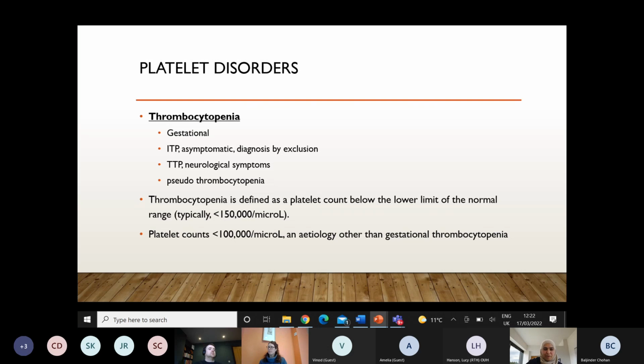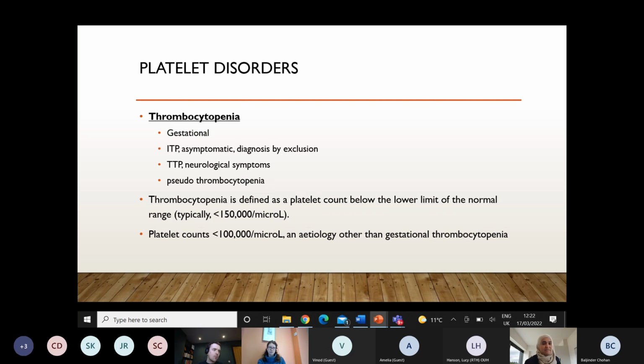I think pretty much all of you must have encountered thrombocytopenia at some point, because it is common. So there are 4 main reasons why we can see people with thrombocytopenia in pregnancy.